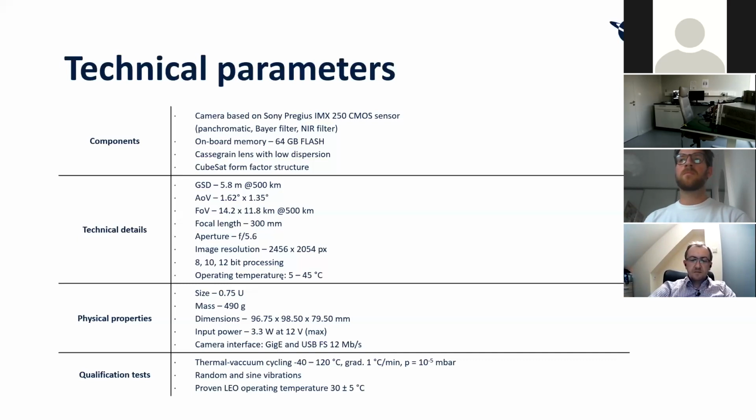I think we should distinguish the meaning of the operating temperature from the surviving temperature. For example, if we talk about the lens construction and its best optical parameters, they are kept in a very narrow temperature range.